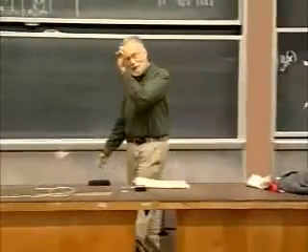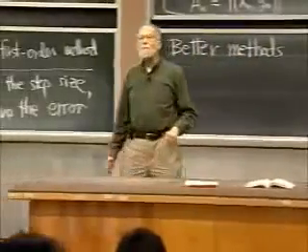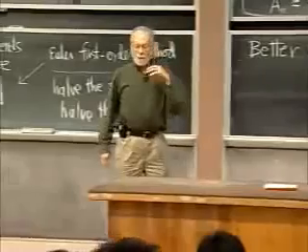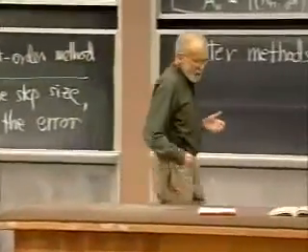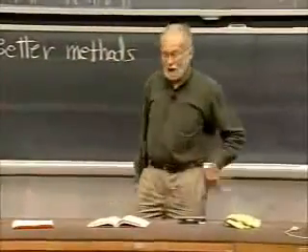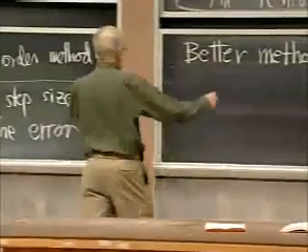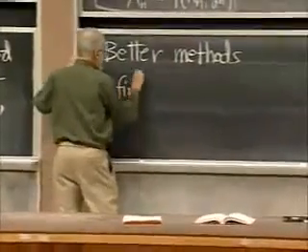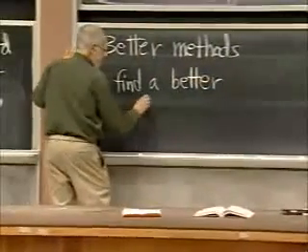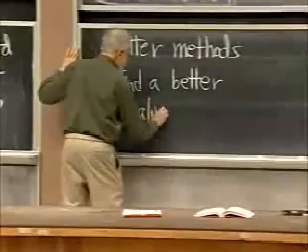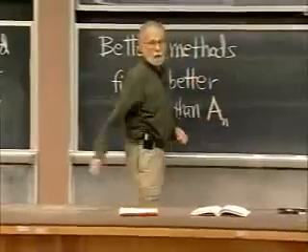In other words, we're looking for a shortcut path, which by good luck will end us up back on the curve again. And all the simple improvements on Euler's method, which are the most stable ways to solve differential equations numerically, aim at finding a better slope. Try to improve that slope that you found.